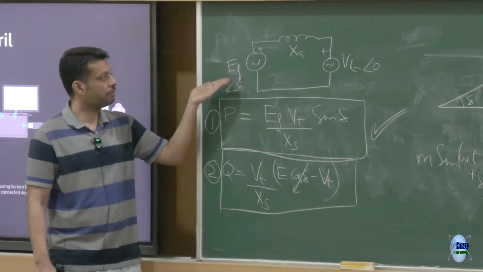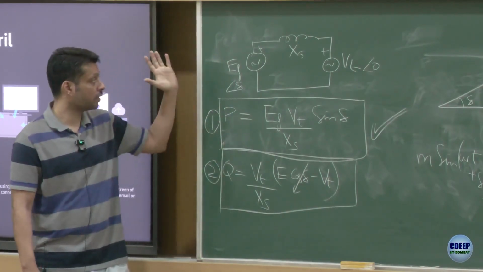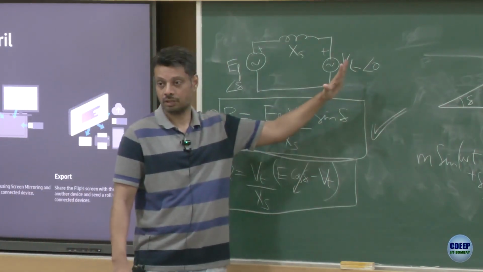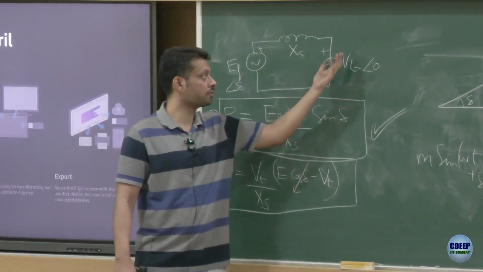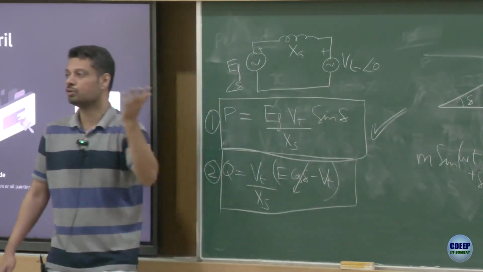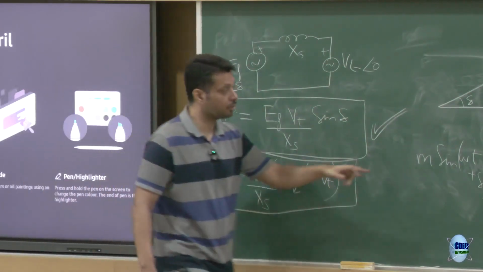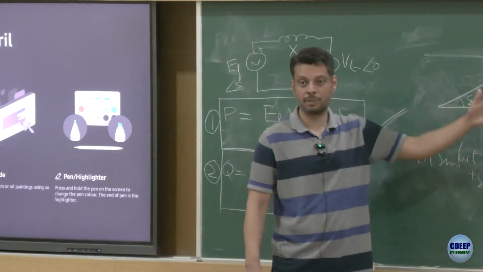If you make Ef more than Vt, Q is positive, which means reactive power is flowing from this source to that source. If you make Ef less, Q is negative, which means reactive power is flowing in the opposite direction. So you can control the magnitude of E in any source. If it is an inverter-based source, you can use sine PWM.